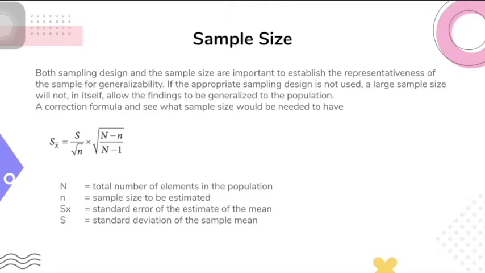If the appropriate sampling design is not used, a large sample size will not in itself allow the findings to be generalized to the population. Likewise, unless the sample size is adequate for the desired level of precision and confidence, no sampling design, however sophisticated, will be useful to the researcher in meeting the objectives of the study. Hence, sampling decisions should be made carefully.